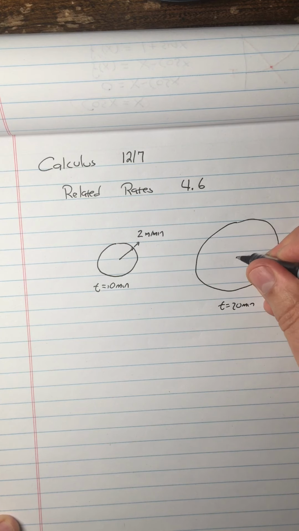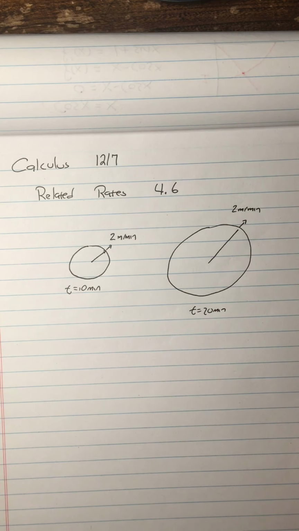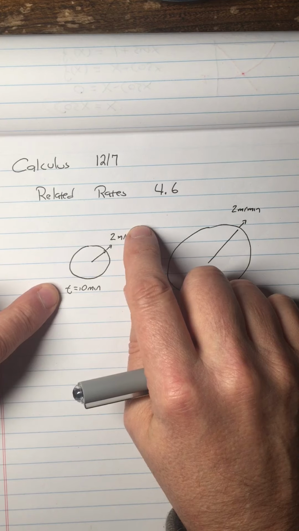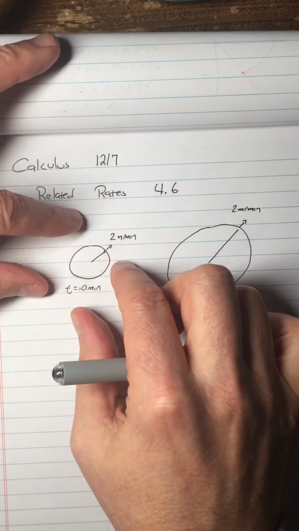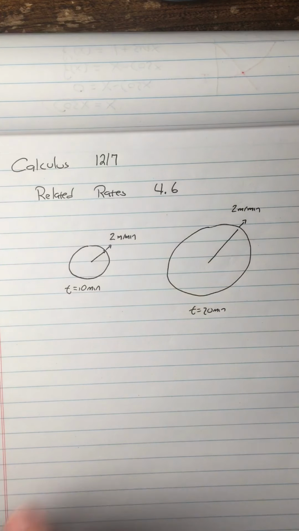The radius is still expanding at 2 meters per minute. Is the area expanding at the same rate or a different rate? That's the number one question. The radius is getting larger at a constant rate. Is the area covered expanding at the same rate in both cases, at t equals 10 minutes and t equals 20 minutes?